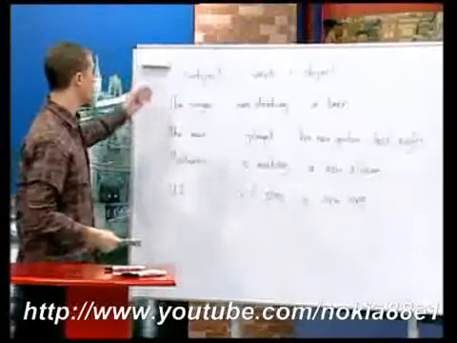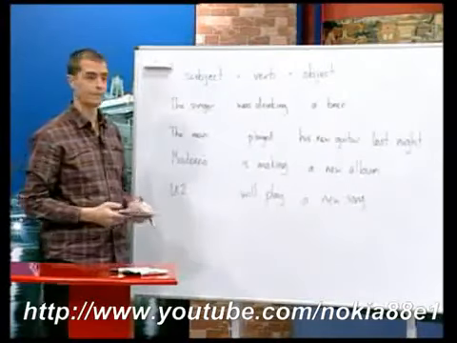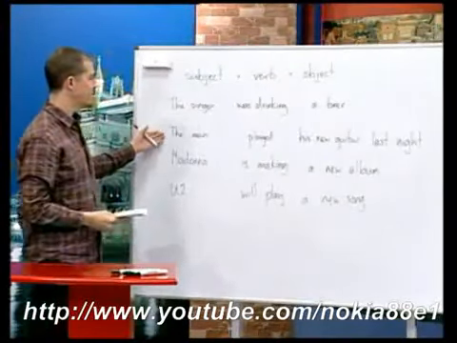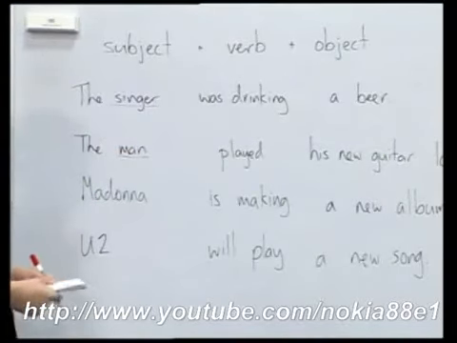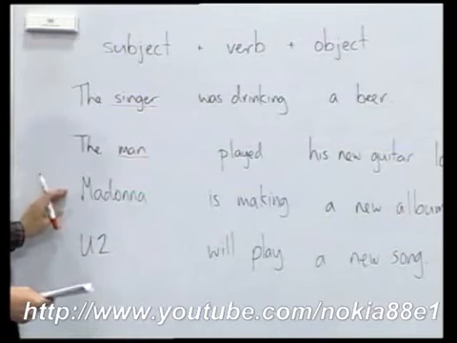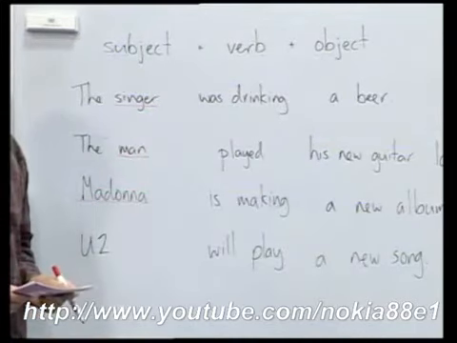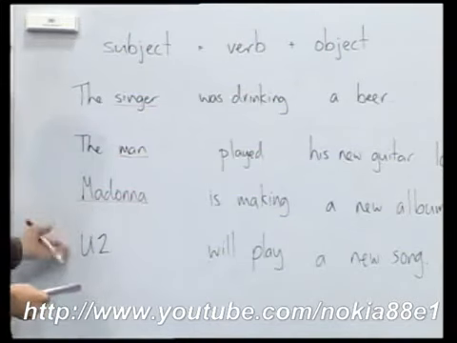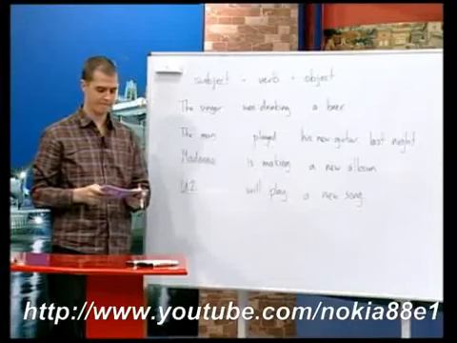In the first sentence, singer is the subject. In the second sentence, man is the subject. In the third sentence, Madonna is the subject. And in the fourth sentence, U2 is the subject.